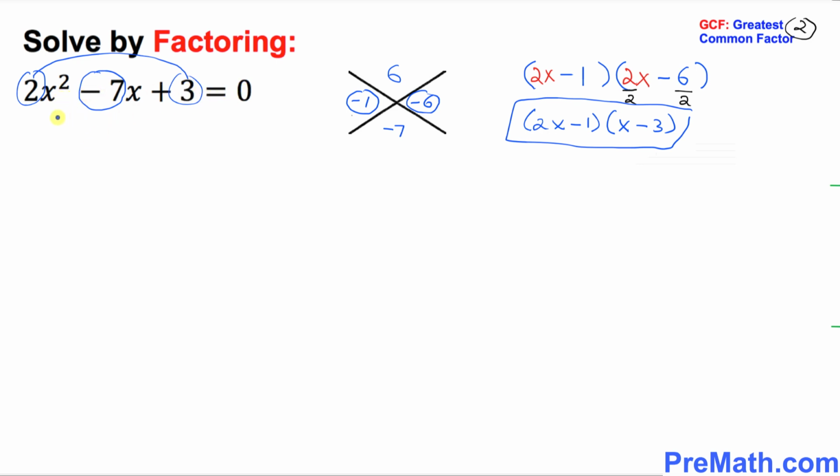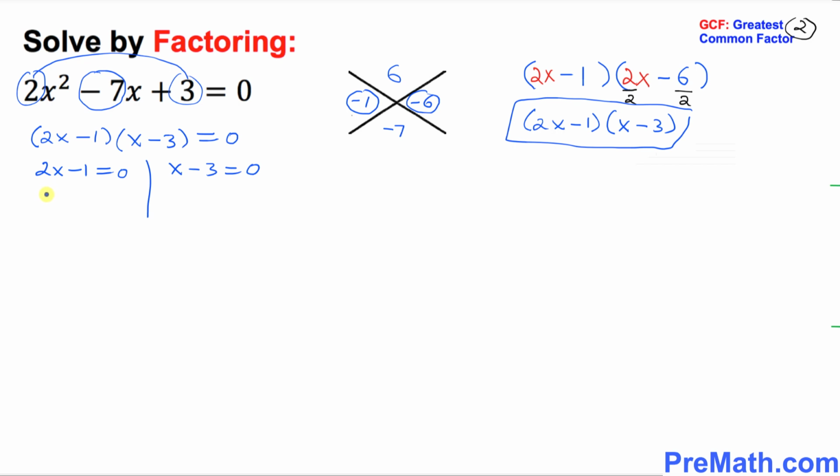So these are the possible factors for this given equation. I'm going to go ahead and copy down over here 2x minus 1 times x minus 3 equals 0. Since these factors equal 0, I can split them up, I can separate them, and put each equal to 0. 2x minus 1 equals 0, x minus 3 equals 0.